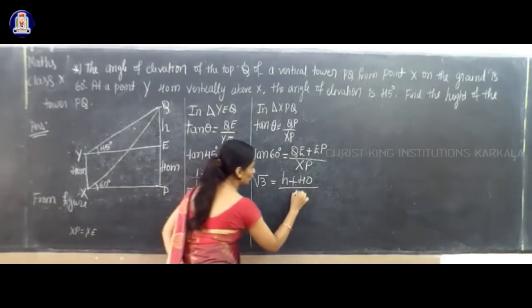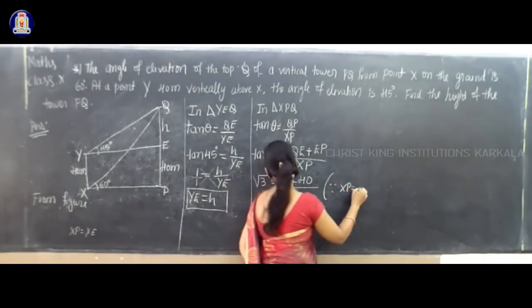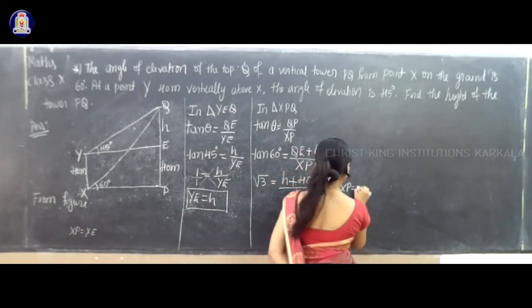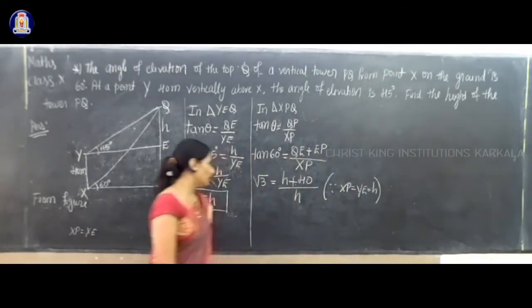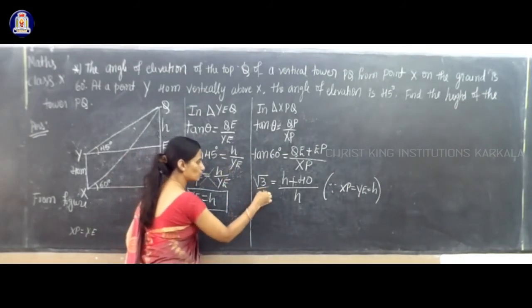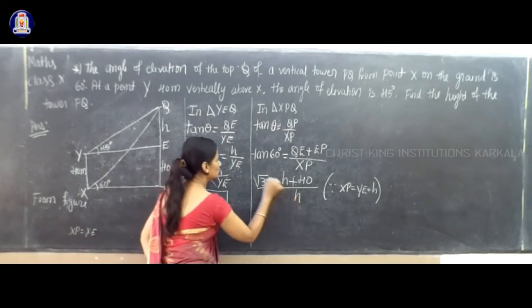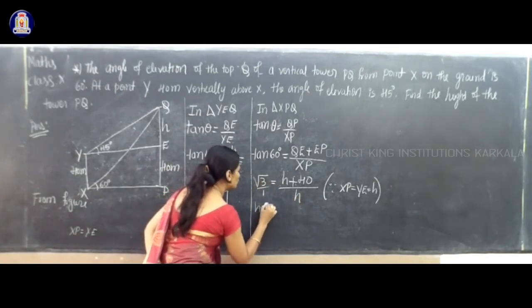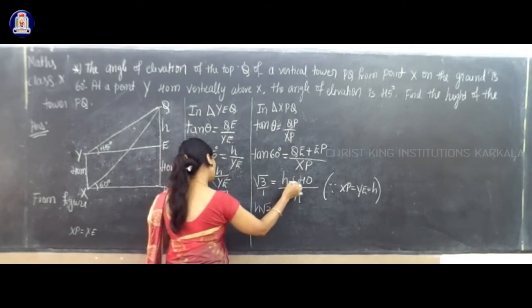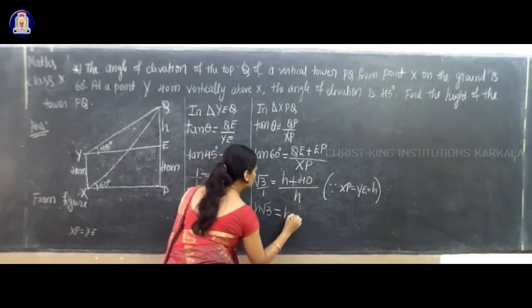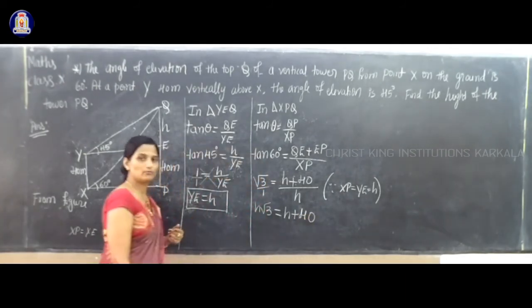YE is equal to H, because XP is equal to YE, which is equal to H. Correct, no? Yes. Now root 3 means root 3 by 1. Cross multiplication. H into root 3 is H root 3, equal to 1 into H plus 40. Sorry, 40. H plus 40.